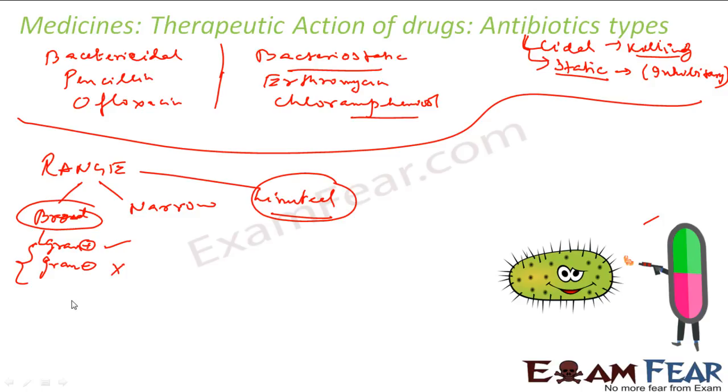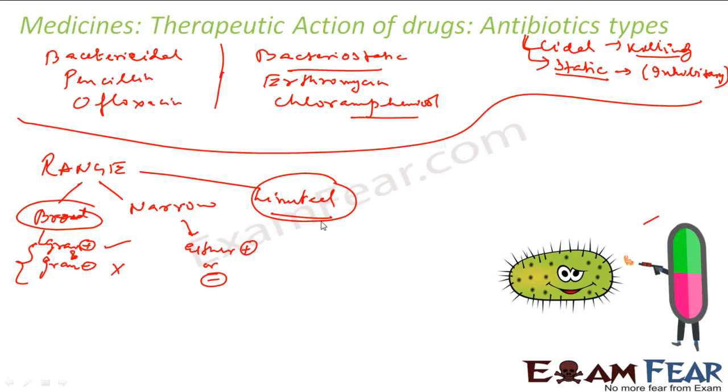So when you say broad range, that means they are effective against both gram positive and gram negative bacteria. Narrow is either gram positive or gram negative. It will impact either only the positive ones or the negative ones. So they are narrow spectrum antibiotics.